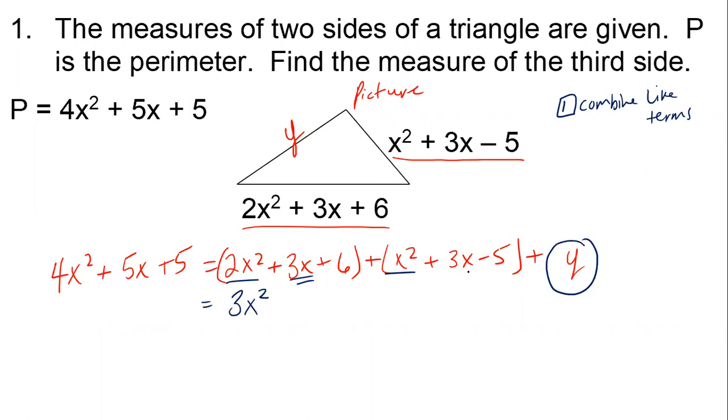We have 3x and 3x. That makes 6x. And we have 6 and negative 5. That makes 1. So we combine like terms on the same side and write that all the way out.